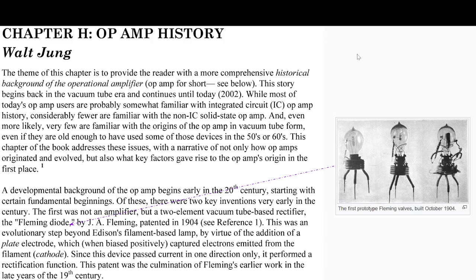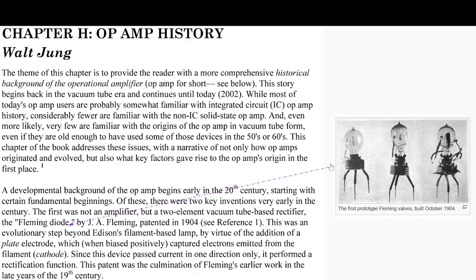So let's go back to the history from where it started, and to me it's very important for students to understand from where it started. So basically, the OPAMP history goes back to vacuum tubes. So these are all vacuum tubes. But what you see here is the work of Fleming, but they weren't amplifiers.